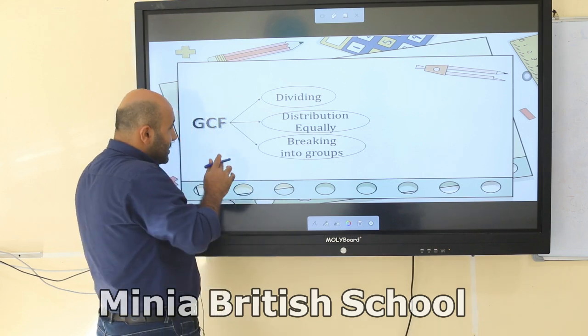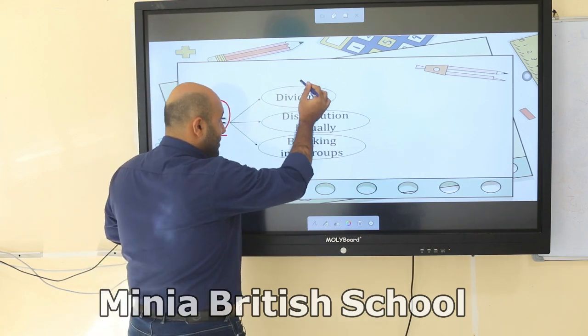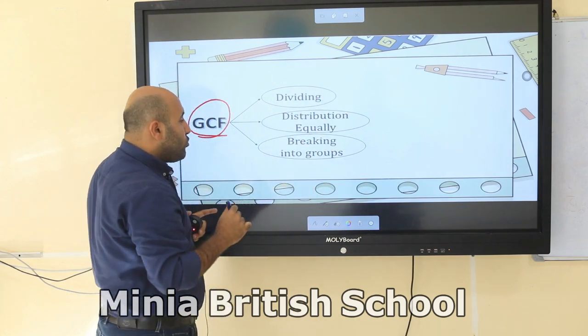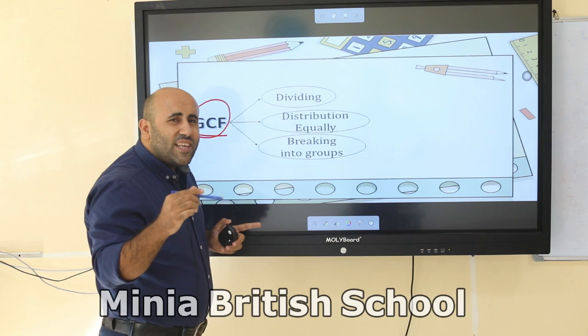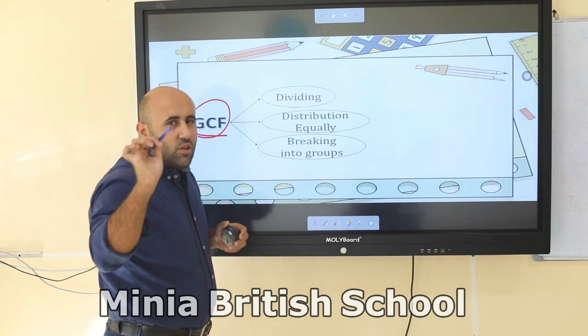These are the cases where I use the GCF: dividing, distributing equally, breaking into groups, or when I say I will get the largest or the greatest number.